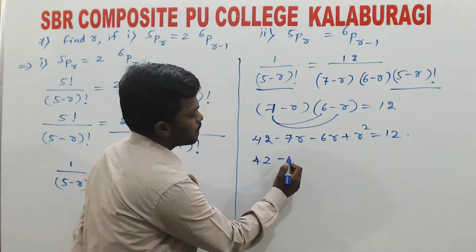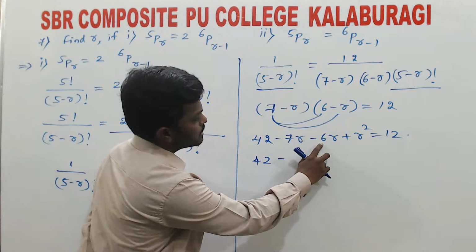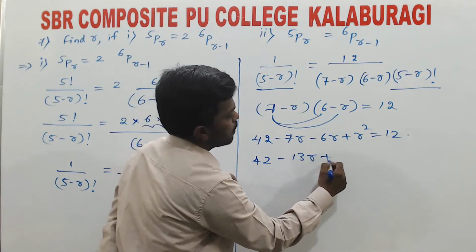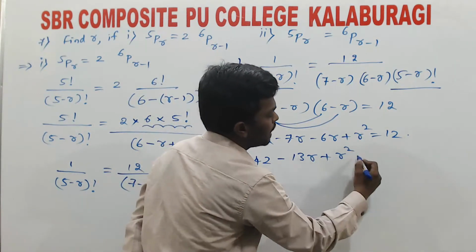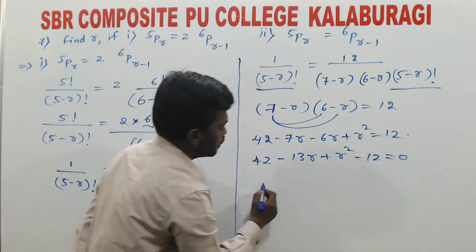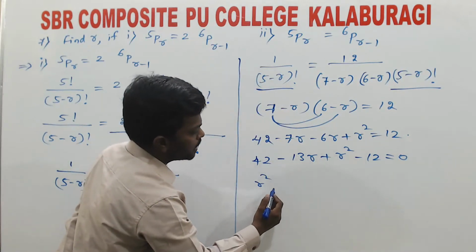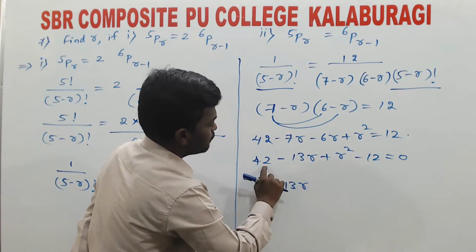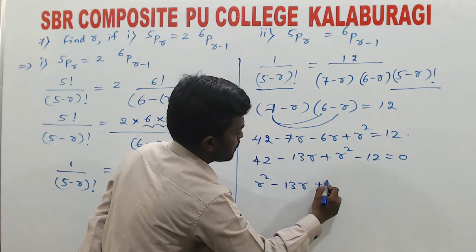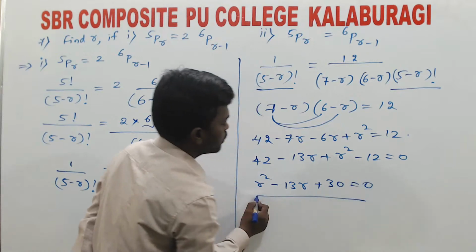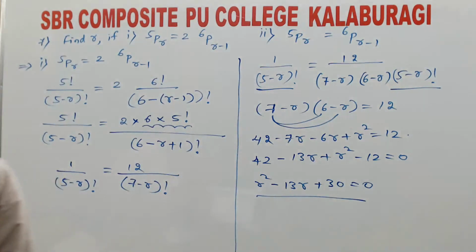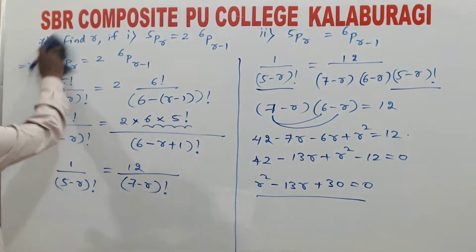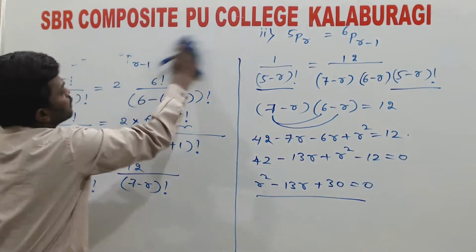So this will be 42 minus 13r plus r square. Take 12 to the left hand side. Now we got a quadratic equation: r square minus 13r, and 42 minus 12 will be plus 30, equal to 0. Now we have a quadratic equation, so by factorization method we can solve it.